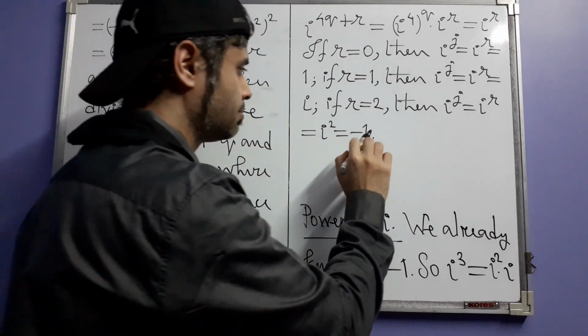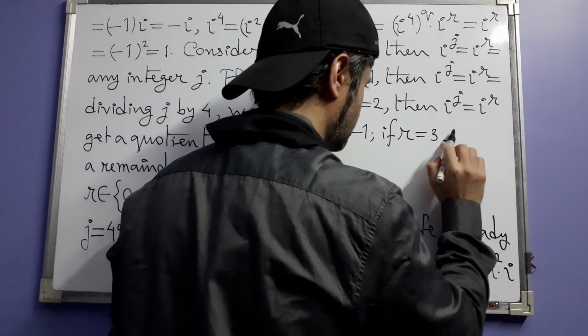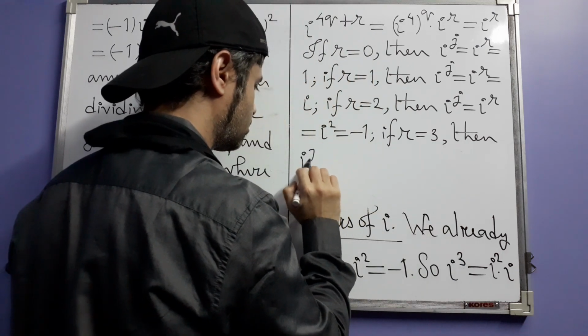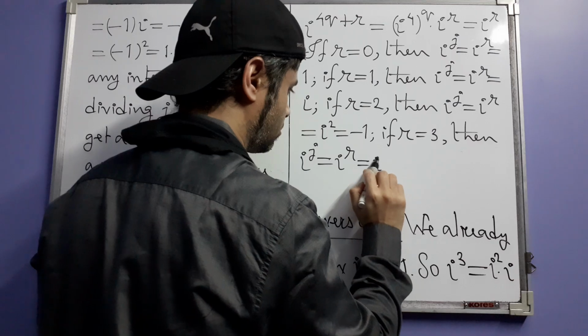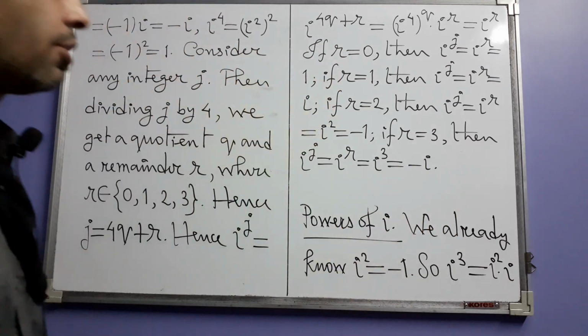And finally, if r is 3, then this is minus i, and that's all.